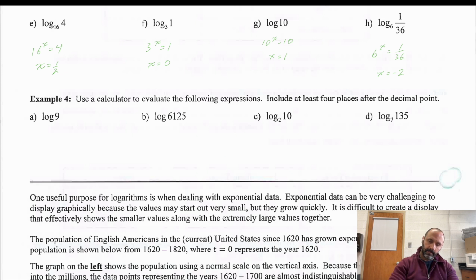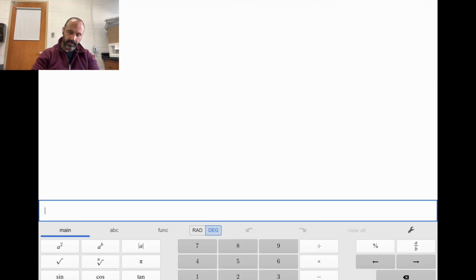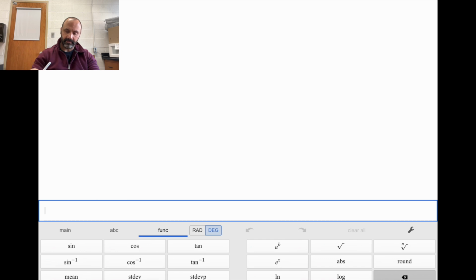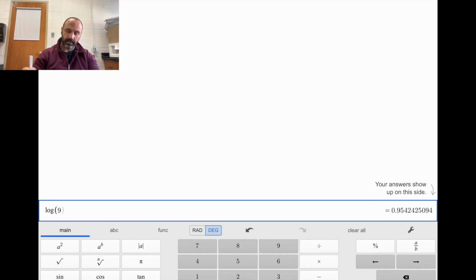So let's take a look. Log of 9, so I'm going to need a calculator for this. In Desmos, on the iPad at least, I go to function, and I've got log there. So log of 9, again it's implied log base 10 of 9, is 0.95.